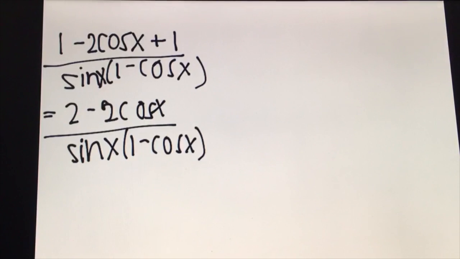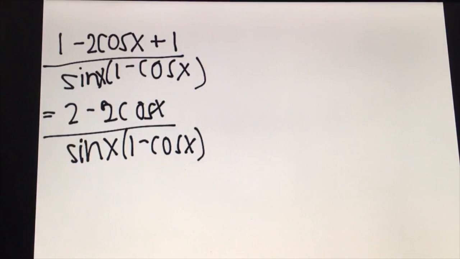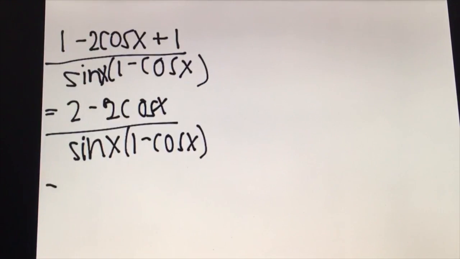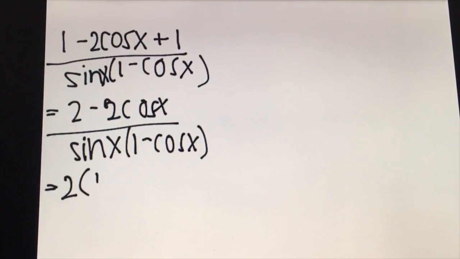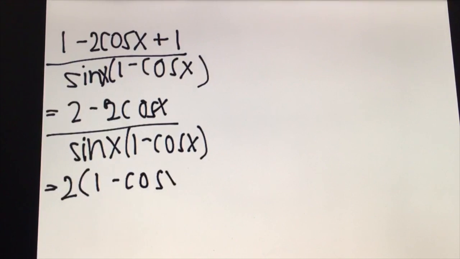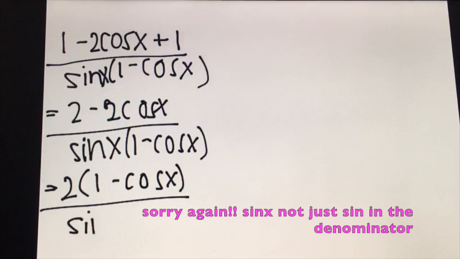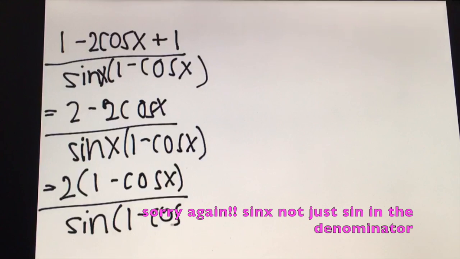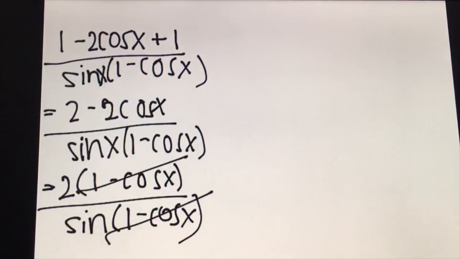Okay, so now this looks like we can't do anything more, but we can factor. So we're going to factor out a 2, and we're going to get 2 times (1 minus cosine of x) divided by sine of x times (1 minus cosine of x), and you can see, obviously, those cancel out.